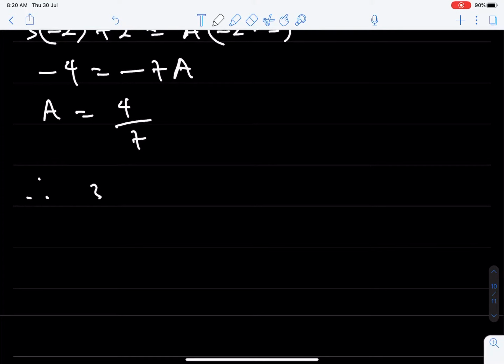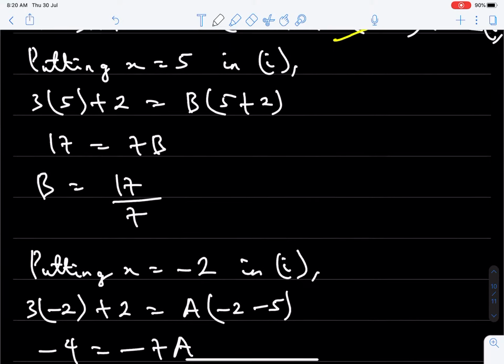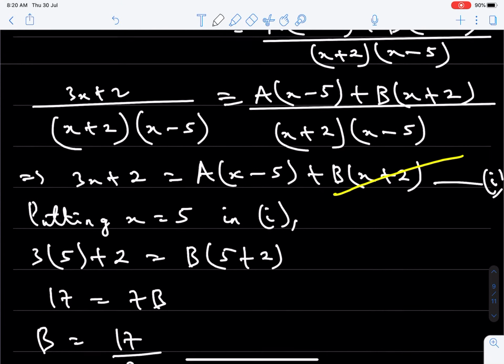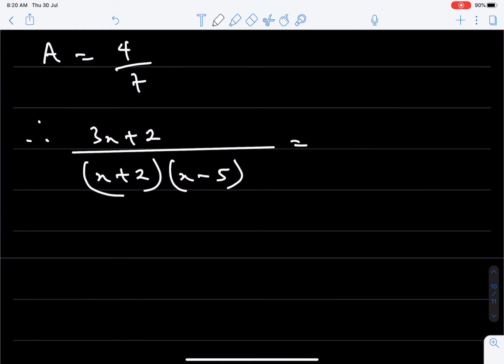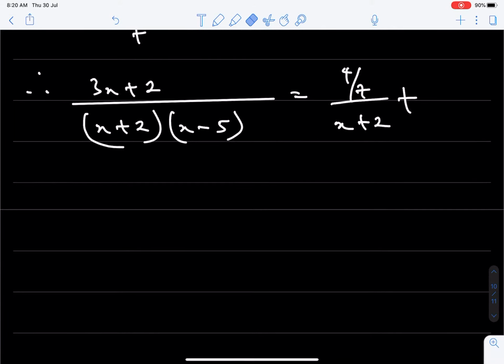Therefore, 3x plus 2 all over x plus 2 times x minus 5 is equal to a, which is 4 over 7. I'll not write it this way being the first time. That's 4 over 7 divided by x plus 2 plus 17 over 7 divided by x minus 5.